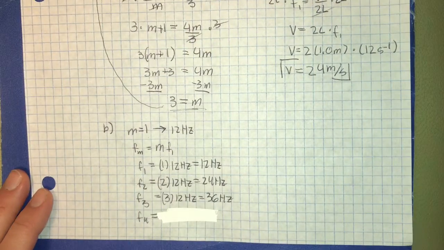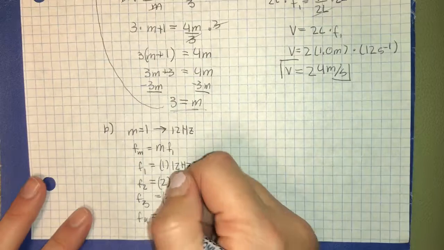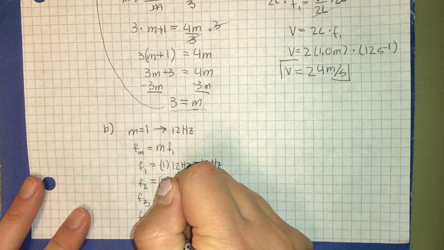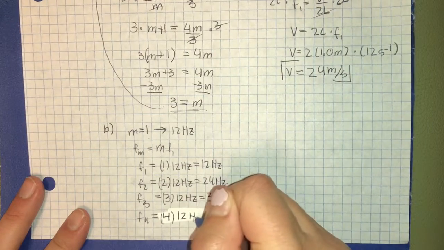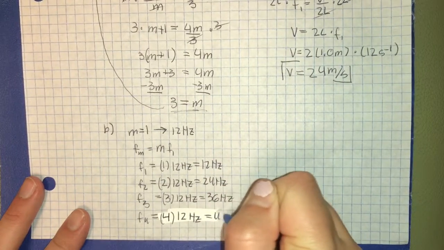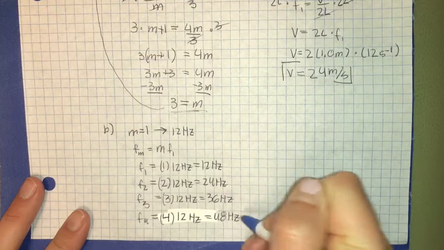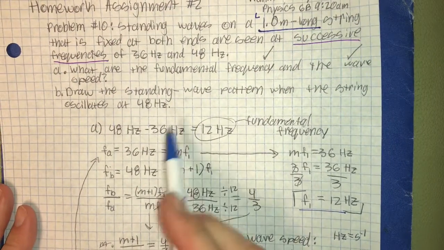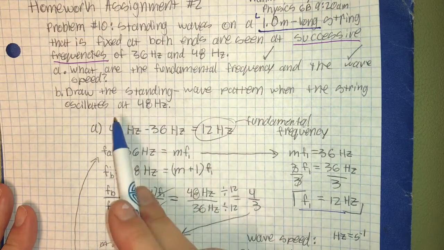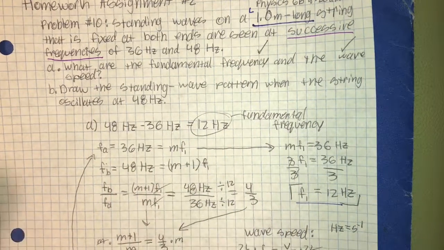F4, sorry, I made a little mistake, so now we're at m equals 4 times 12 hertz, which equals 48 hertz. And now we're going to stop because part B is only asking us to draw the standing wave pattern when the string oscillates at 48 hertz.